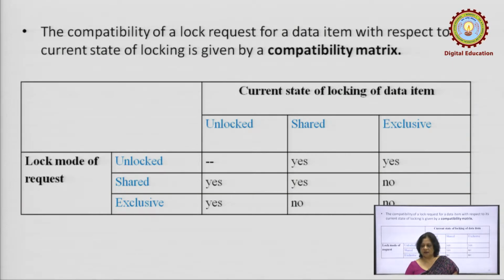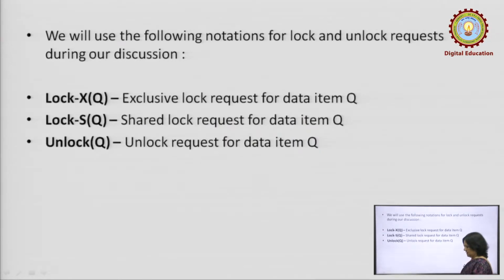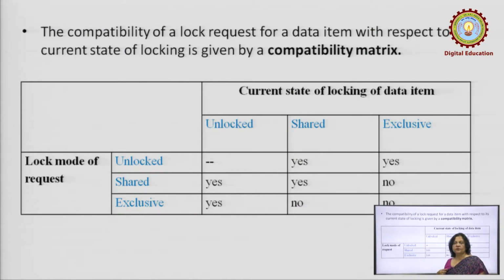The following is the compatibility matrix for the locks. Here we see that a shared mode lock is compatible with a shared mode lock, meaning that if a data item is locked in the shared mode, then it can also be locked in the shared mode by another transaction.